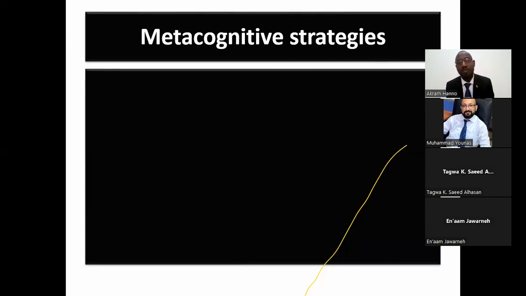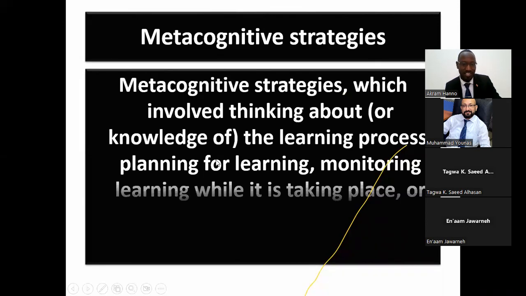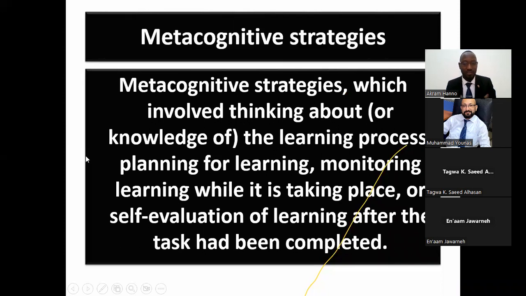The first strategy that we will be talking about is the metacognitive strategy. Nowadays the world is shifting from learning physically to online, virtual learning. There will soon be a metaverse, inshallah, in the field of teaching and so on.